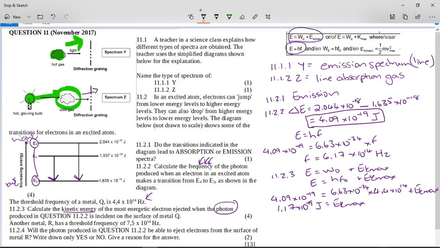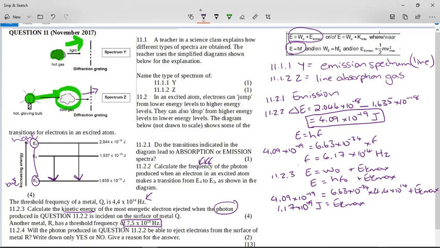Now it says to you, another metal R has a threshold frequency of 7,5 times 10 to the 14 hertz. Will the photon produced in question 11.2.2 be able to eject electrons from the surface of metal R? Well, if you want to eject electrons, the frequency of the light must be greater than the threshold frequency.